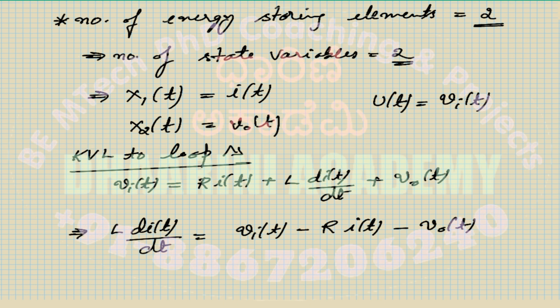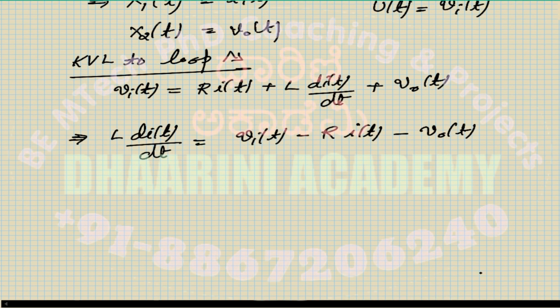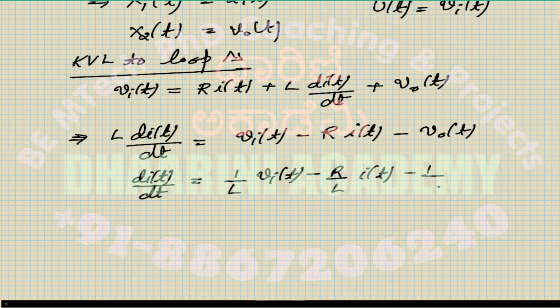Now let me divide by L. So di of t by dt is equal to 1 by L into Vi of t minus R by L into I of t minus 1 by L into V naught of t.